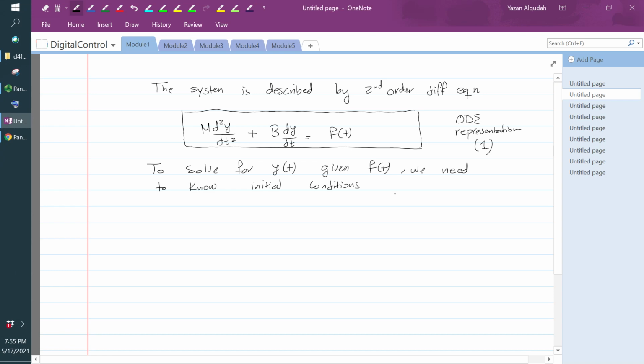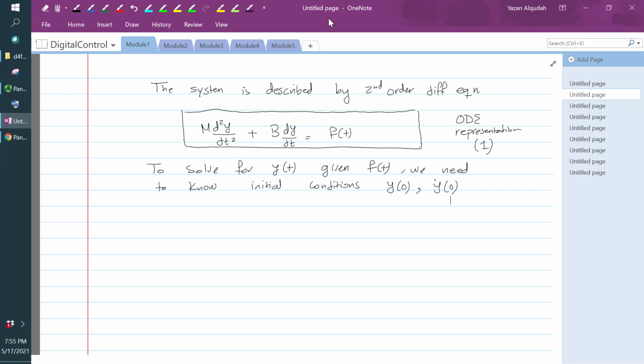And in this case, we have two initial conditions. We have y of 0 and we have y dot of 0, the derivative of y. Okay, so this is the first representation, which is using the ordinary differential equation.